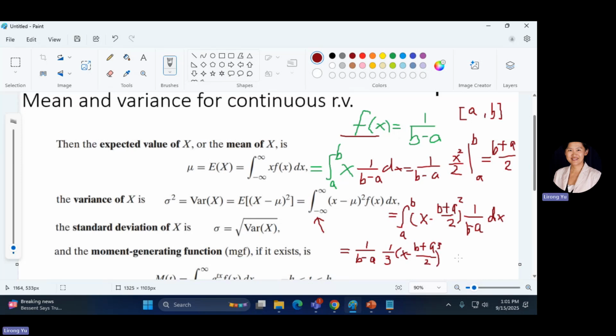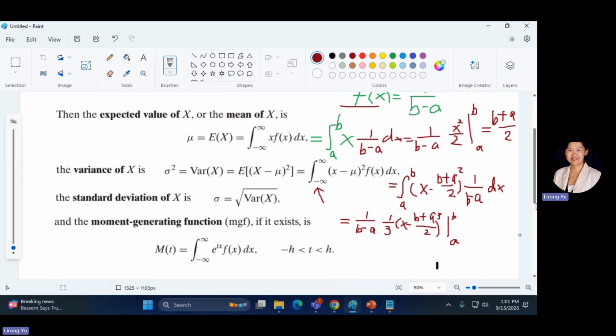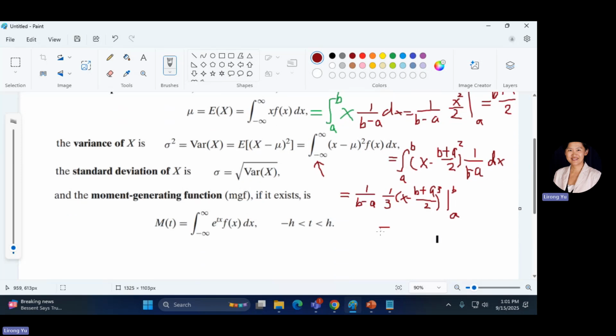Right, degree 2, we integrate into degree 3, and we have to put in the integration limits a and b. There. So this is going to give us the final answer. It's actually b minus a squared over 12.